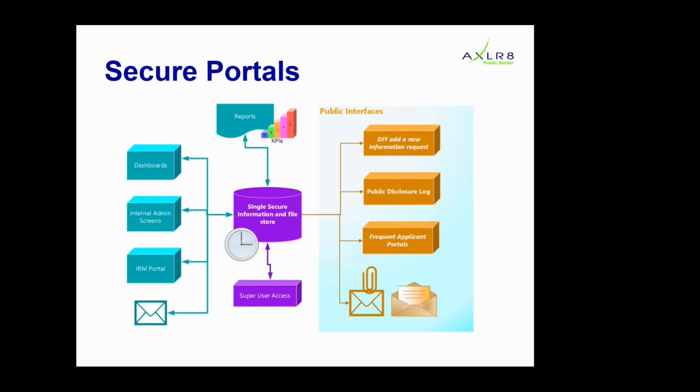And all of these portals are available with the standard system, although the frequent flyer application portals we've never built, because we've never been able to really define a frequent flyer with you guys. So there's nobody that's come to us and said, we've got this reporter who puts in 20 questions, or our local police force puts in 20 questions a month and they want to see the progress of them on the client portal. But we could easily do that because we have the technology for our ticketing system.